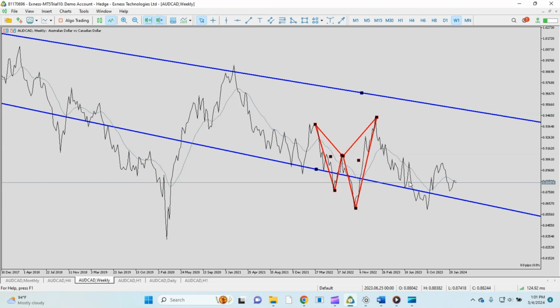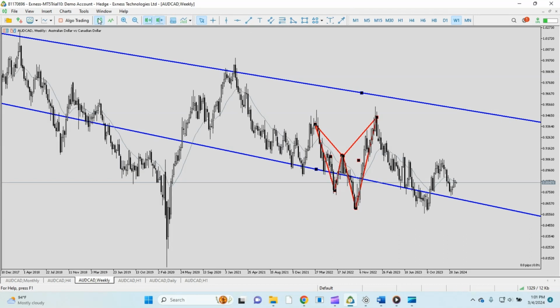So is there anything? I don't think. If you can see anything, let me know in the comment section below, because I can't find anything reasonable in the weekly. Let me switch back. So nothing much in the weekly.